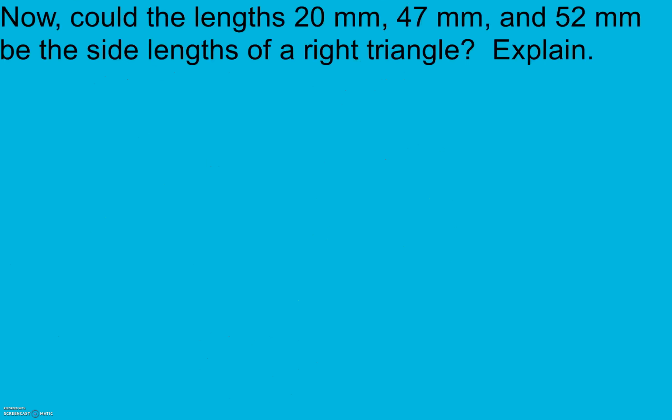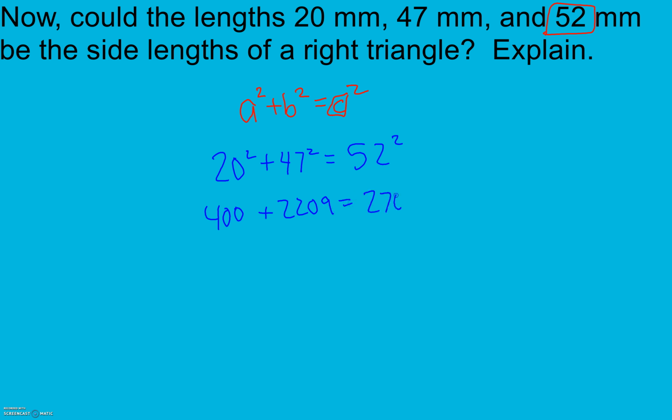Now, could the lengths 20 millimeters, 47 millimeters, and 52 millimeters be the side lengths of a right triangle? Explain. A squared plus b squared equals c squared. We pick out our longest side, and that has got to be our c value. The other two are our legs, and they can go in for either a or b. So 20 squared plus 47 squared equals 52 squared. 20 squared is 400. 47 squared is 2209, and 52 squared is 2704.